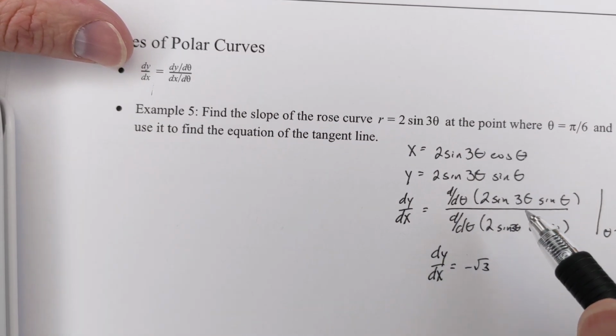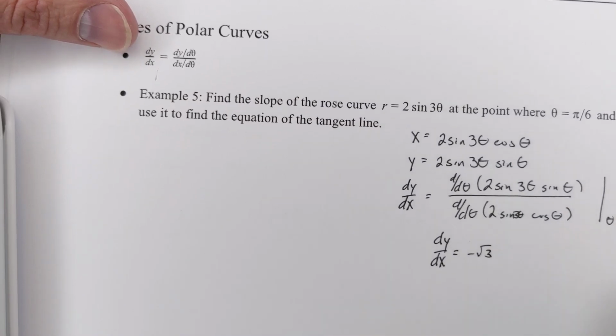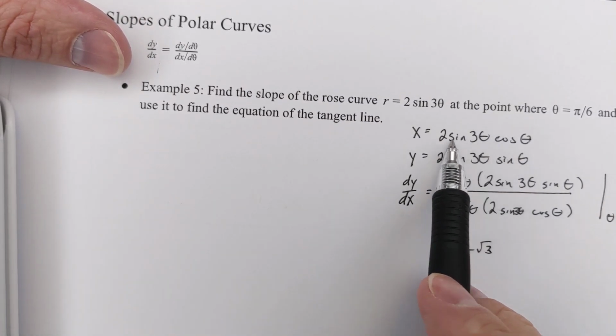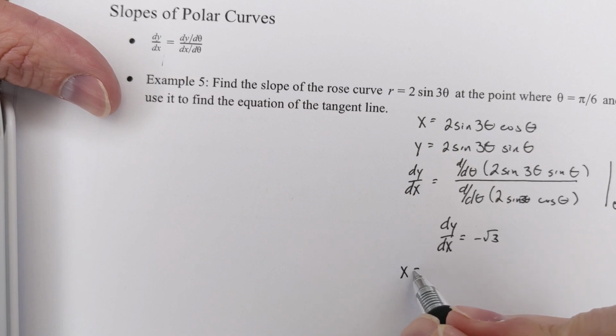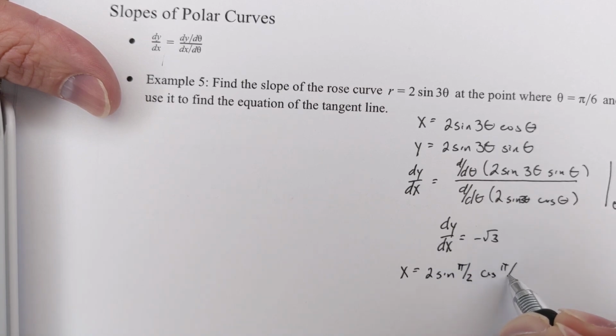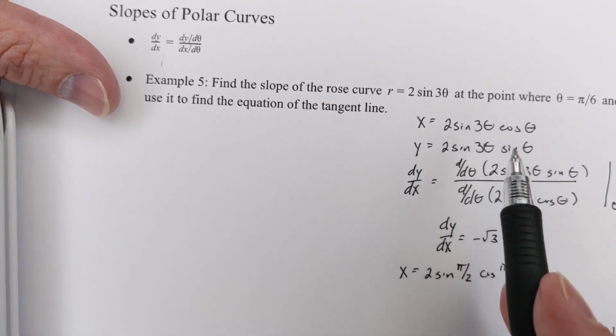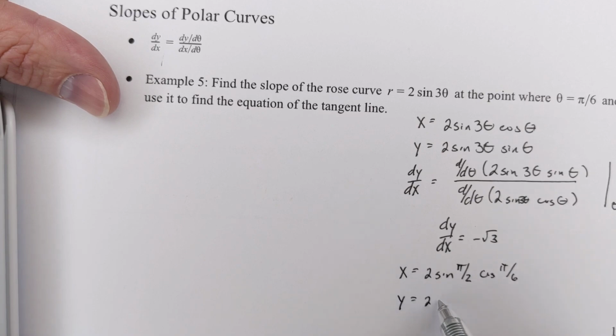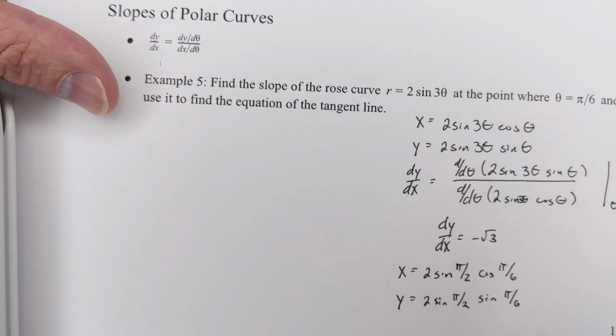Now to write the equation of the line, I also need the value for x and for y. Well, here's my equation for x, so the x coordinate is going to be 2 sine pi over 2 cosine pi over 6. If I plug pi over 6 in for theta, the y value is going to be 2 sine pi over 2 sine pi over 6.